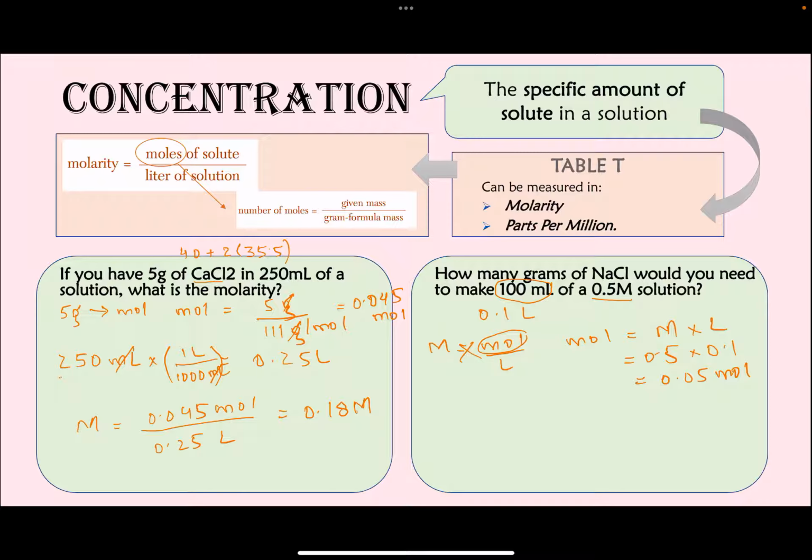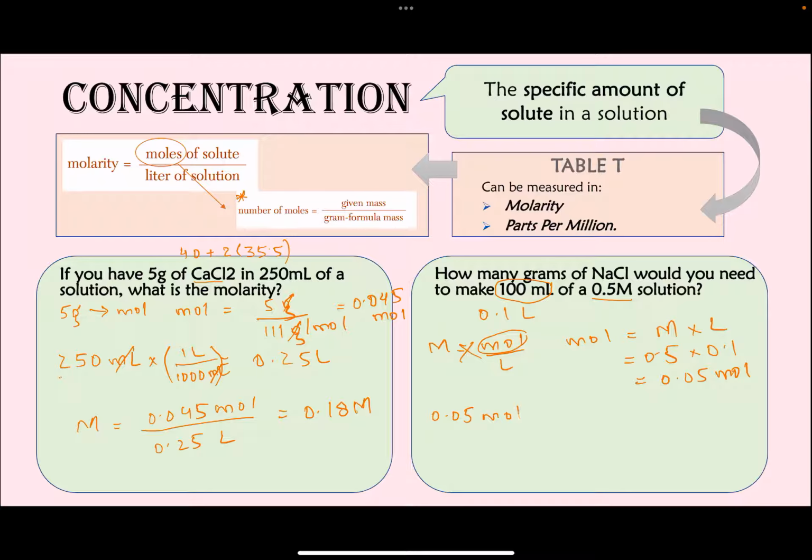So now that you have that many moles, all that you need to do is go from moles to grams. So we can use this equation over here to calculate the number of moles.